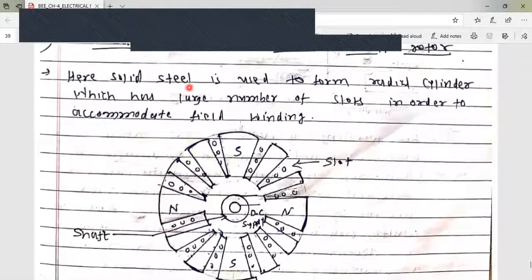Here, solid steel is used to form a radial cylinder which has a large number of slots in order to accommodate field windings. Here the slots are very large.